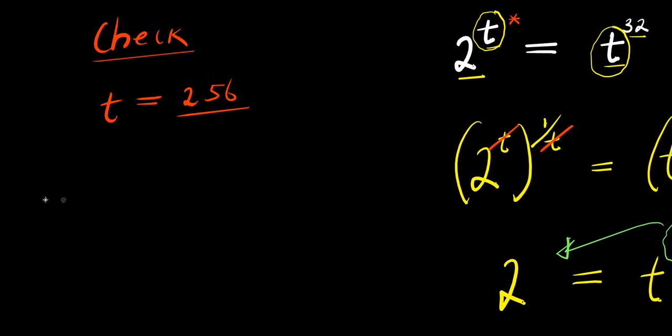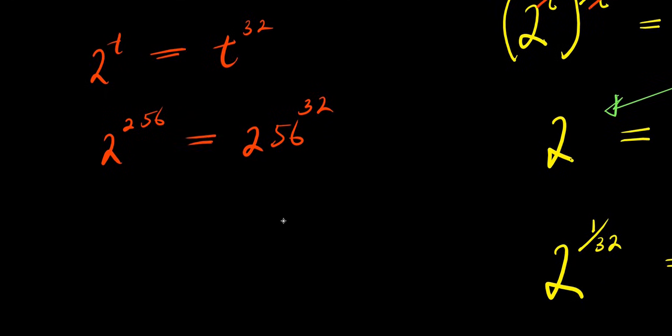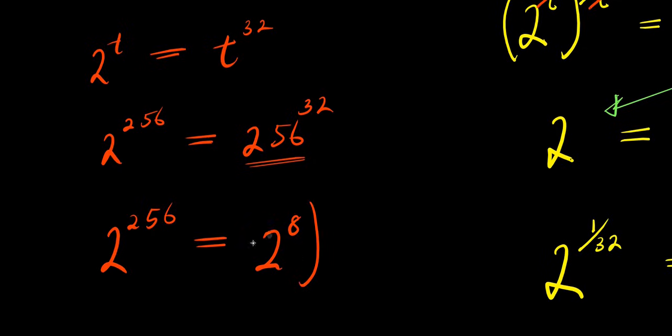We can decide to check. We have t equals 256, that means 2 power t equals t power 32. So you have 2 power 256 equals 256 power 32. Let's check if the two give us the same. 2 power 256, and 256 here is simply 2 power 8, that is 2 to the power of 8, which is 256, and this is raised to the power of 32.